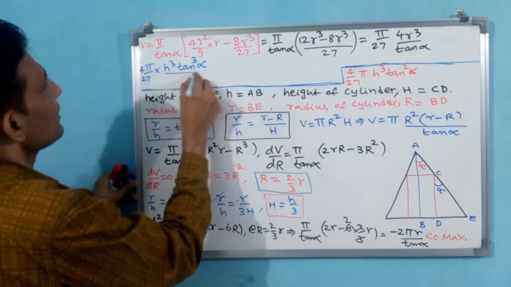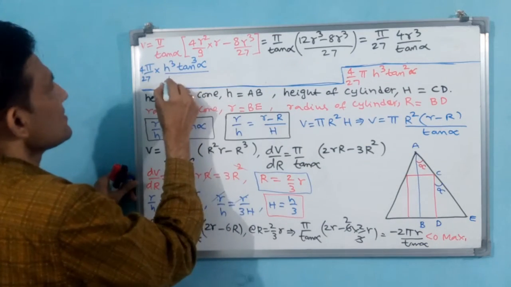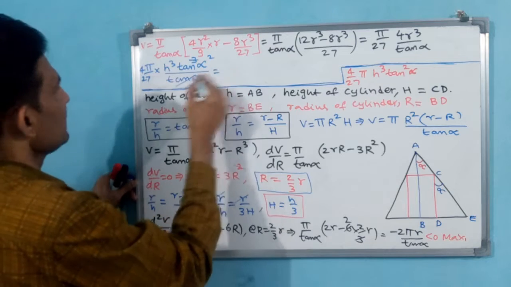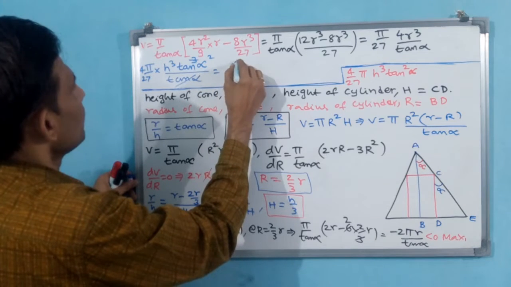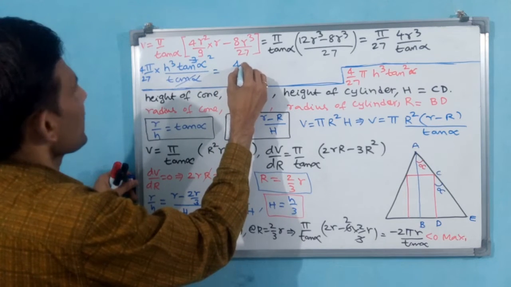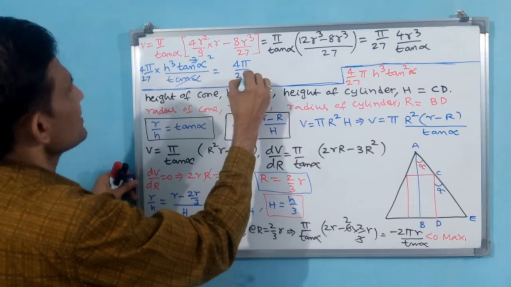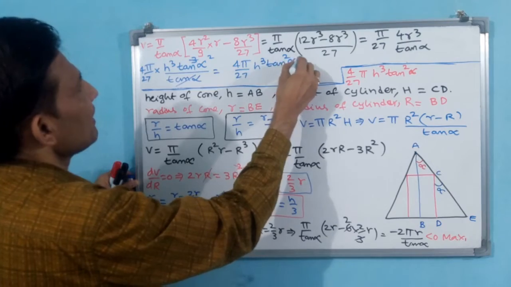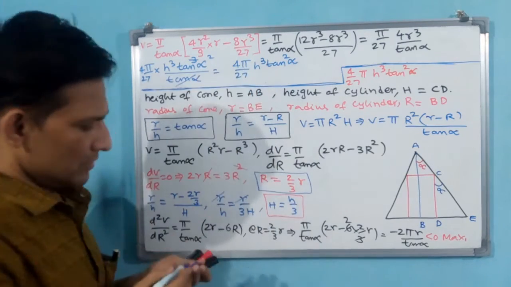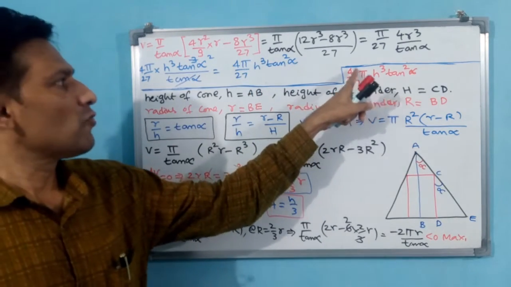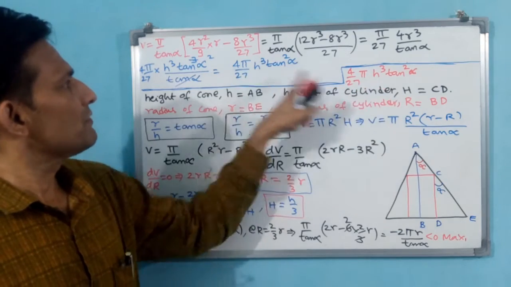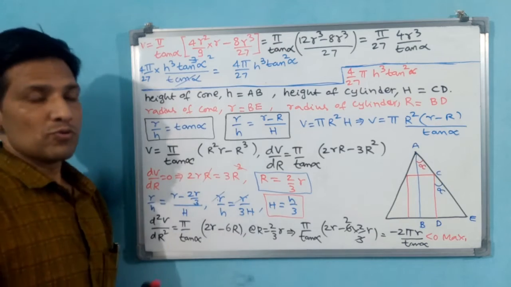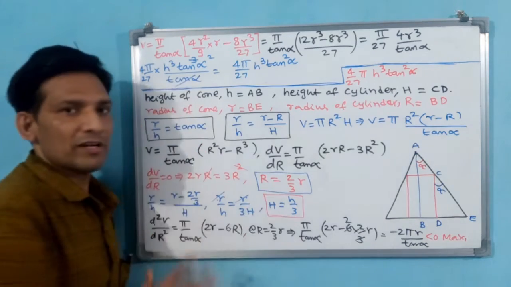Divide it by tan alpha, tan alpha already there. See, tan alpha will make it square. Then finally what will come? 4 pi by 27 h cube tan square alpha. Is this what they asked? You see, 4 by 27 pi, h cube tan square alpha. Like this you have to do this question. That is why I have not removed any of this.